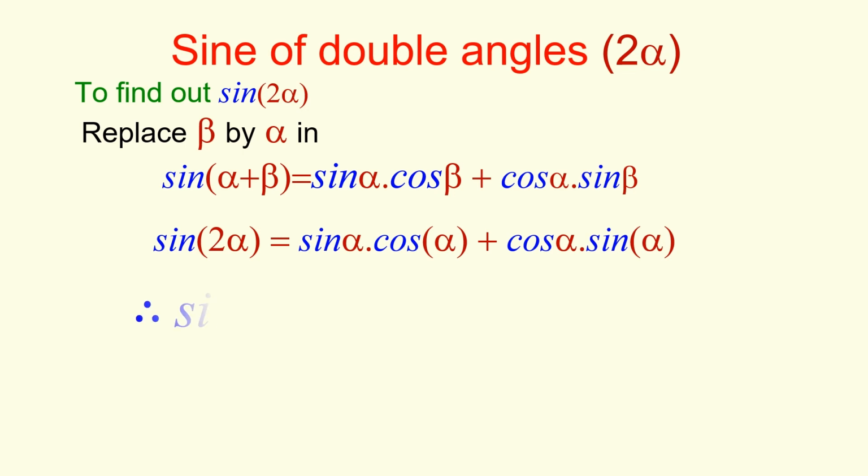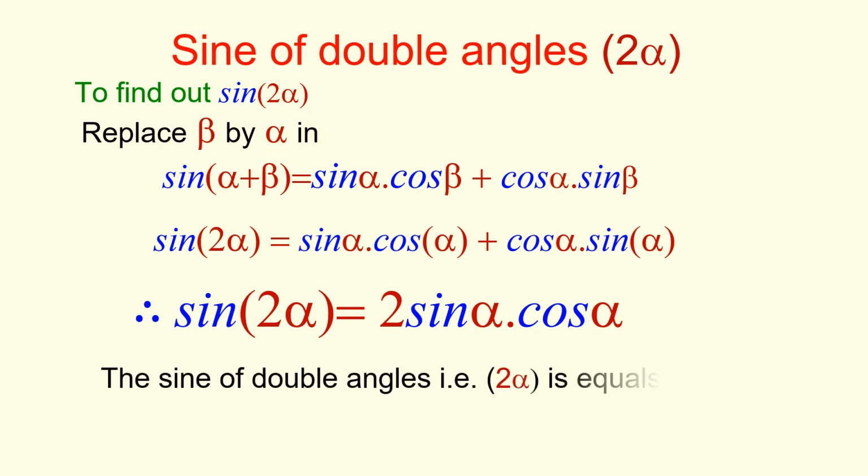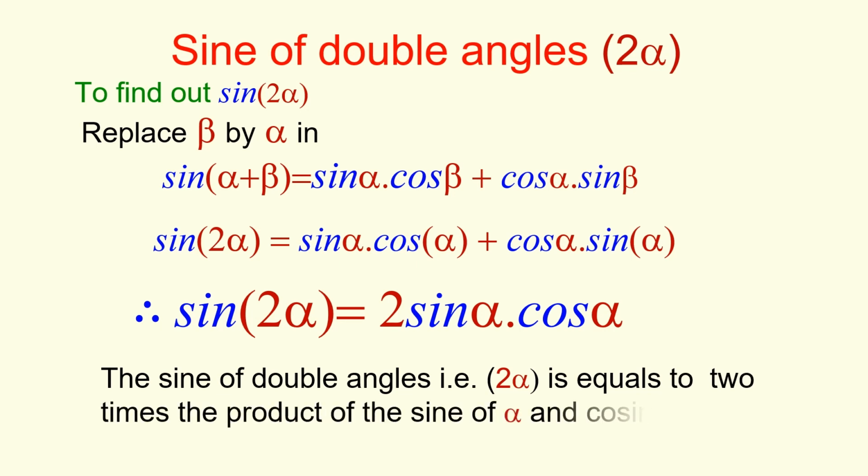Therefore, we get sine 2 alpha equals 2 times sine alpha into cos alpha. The sine of double angle, or 2 alpha, is equal to 2 times the product of the sine of alpha and cosine of alpha.